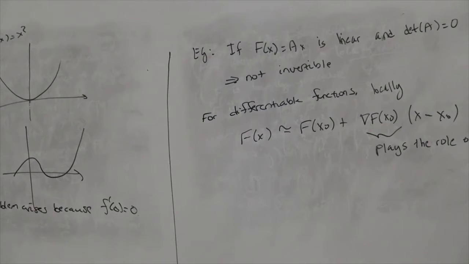So it would be natural to ask, if we want to go from local invertibility, this guy here is locally invertible except at the origin. It's locally invertible almost everywhere, and it breaks at precisely the point where f prime is equal to 0.